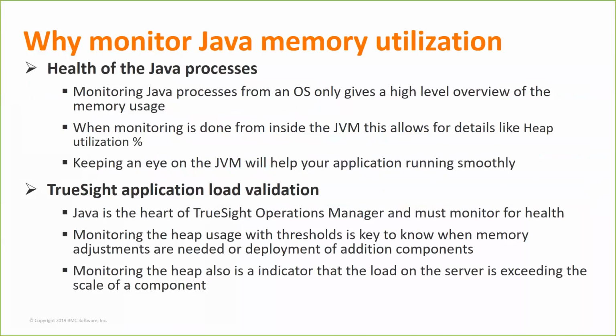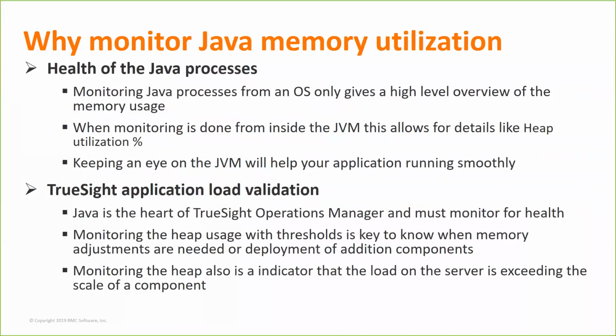We can gather other information like attributes that are running with the JVM to make sure that all the settings are set the way we want. And it really helps us keep an eye on the Java processes so that we can keep our applications running smoothly.